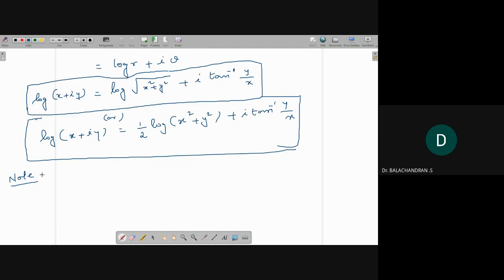Substitute x equal to 1 and y equal to x in this equation, log of x plus iy equals log of root of x square plus y square plus i tan inverse of y by x. So please substitute and tell the next step.